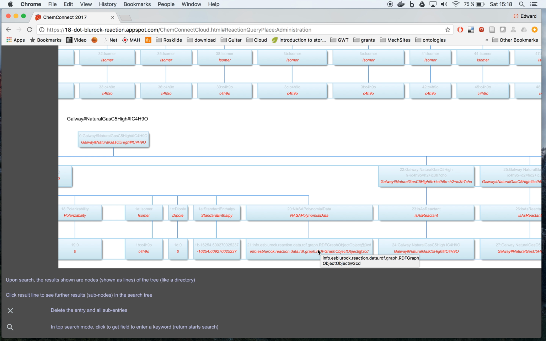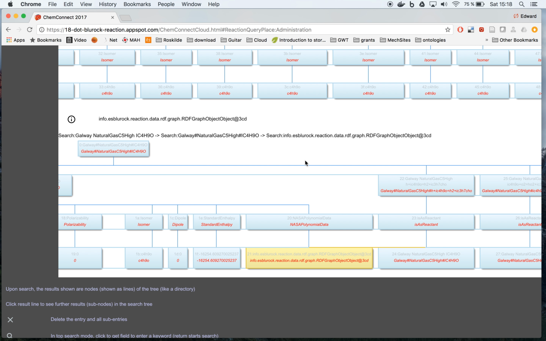Now if we click under the NASA polynomial data, first we see how we got here. We first did a search for this one, then we went to the specific one, and this gives you the search tree.